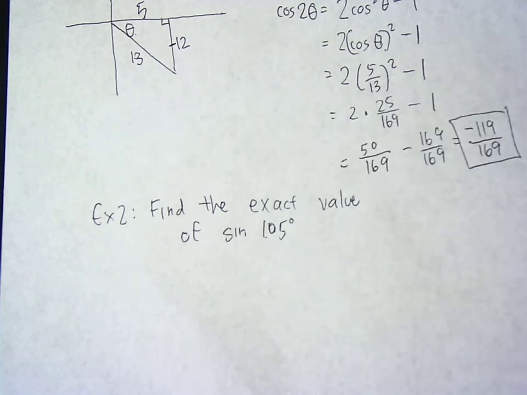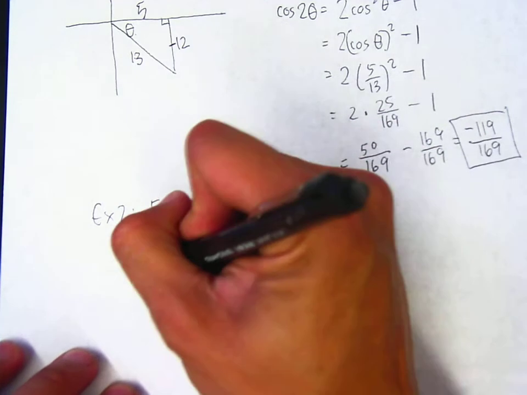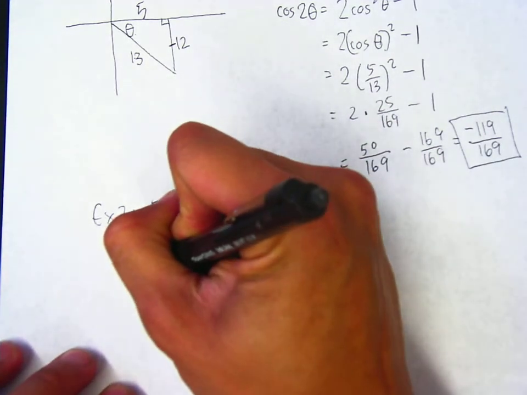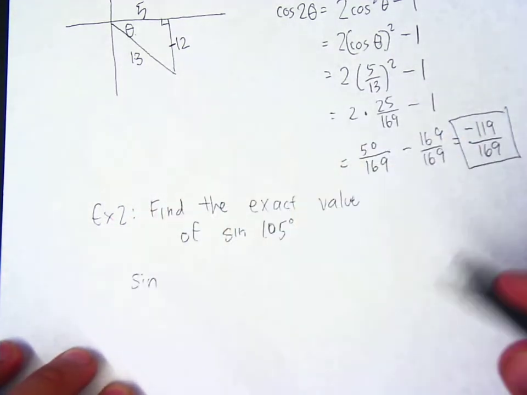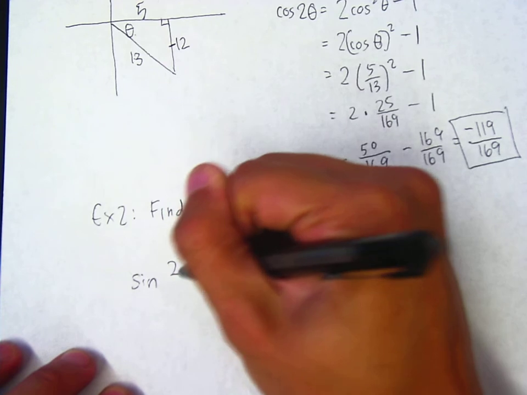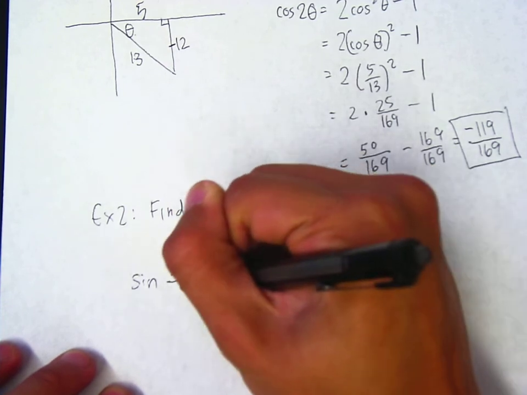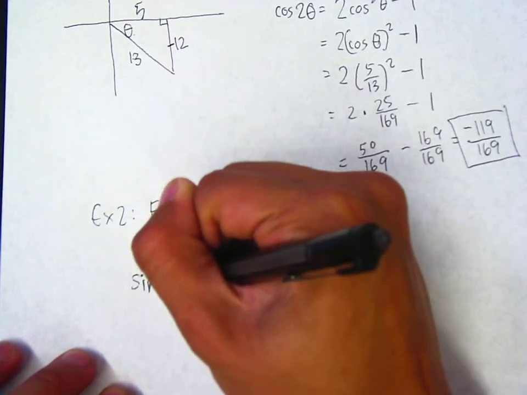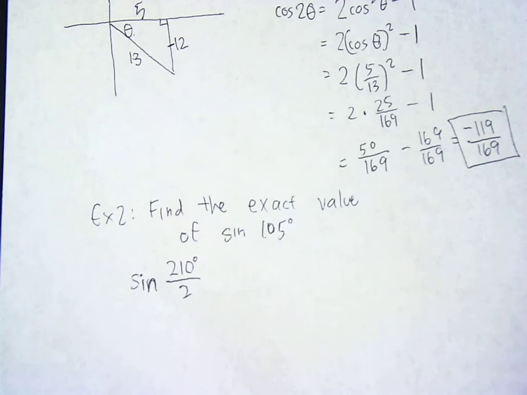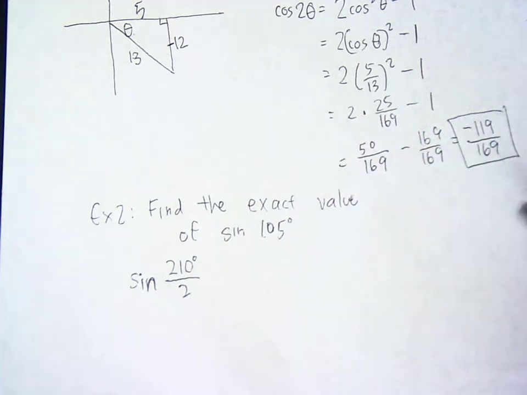And actually, you could use a sum and difference one, but sometimes a half angle might be more useful. Okay, so instead of writing 105, I'm going to look at my half angles. I'm going to write 105 in a way that I know. So I'm going to write it as sine of 210/2, because 210/2 is still 105 degrees.